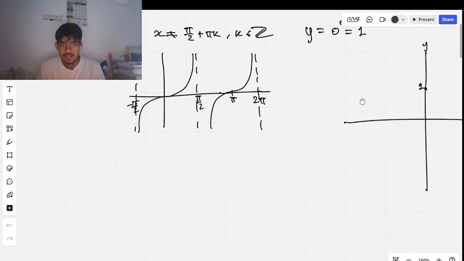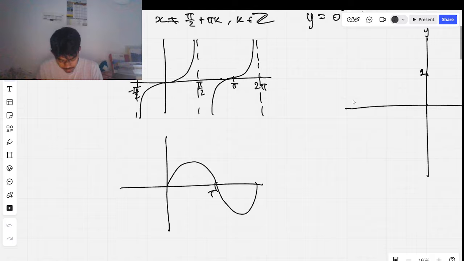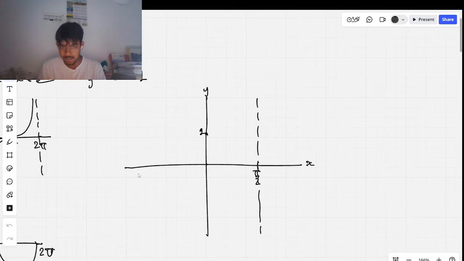To illustrate this with the graph of sine, sine is less than 0 between certain points like pi and 2 pi. That means between pi and 2 pi, there will be no graph of sine x to the tan x. So this is very important.